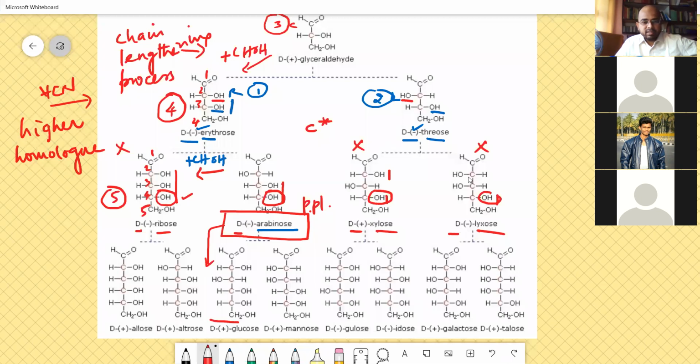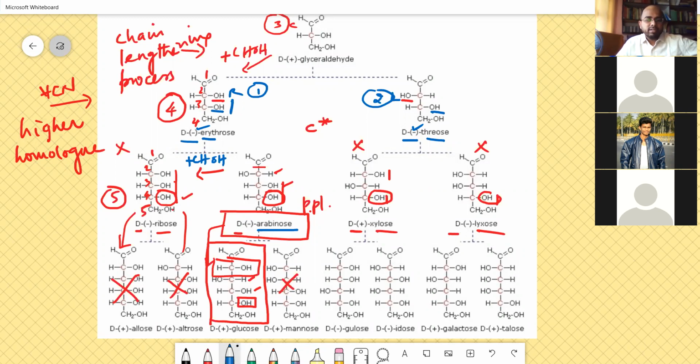This is the structure, in which you have OH on the right side and another OH here, H here, H here. So yes, new CHOH has been introduced in this fusion, and it is not affecting our optical property. Suppose if we had this, we will have an isomer like this, but we are not getting this. Suppose if we had this, we will have another mirror image like this, we are not getting that. Suppose we have another isomer, we are not getting this. We get only this.